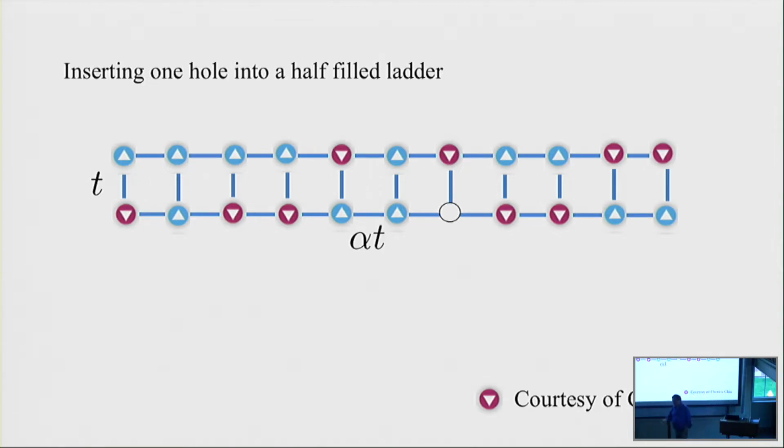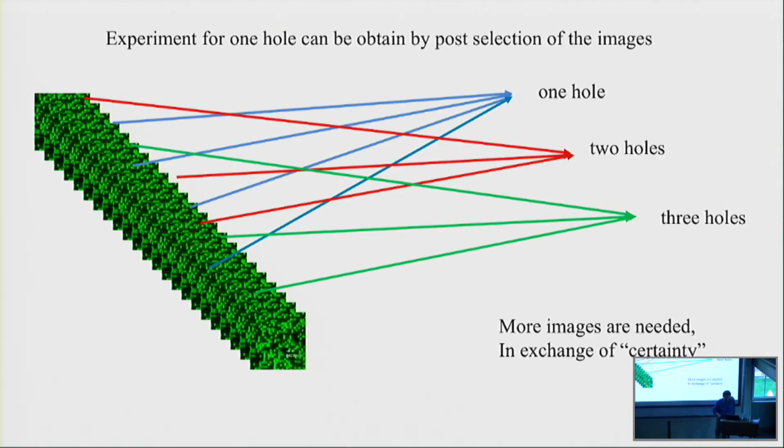One may sometimes get doublons, but doublons you can, in principle, still get to low temperature. Maybe you can eliminate them, or maybe sometimes you get 2 holes, 3 holes, etc. So one typically has to do a lot of experiments and then select from them, because every time you take a picture, you may have 1 hole or maybe 3 holes.